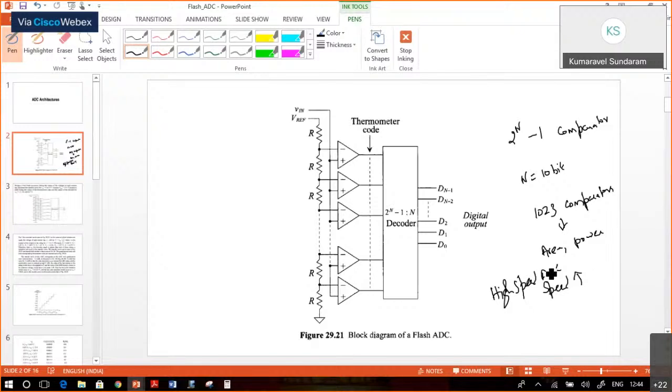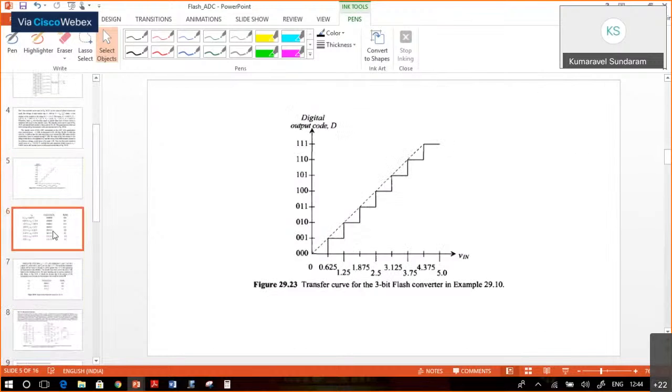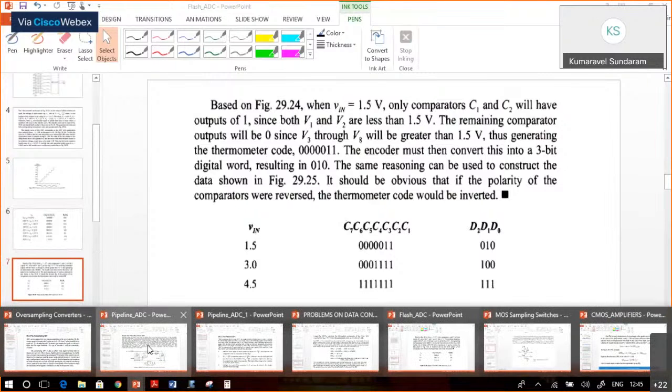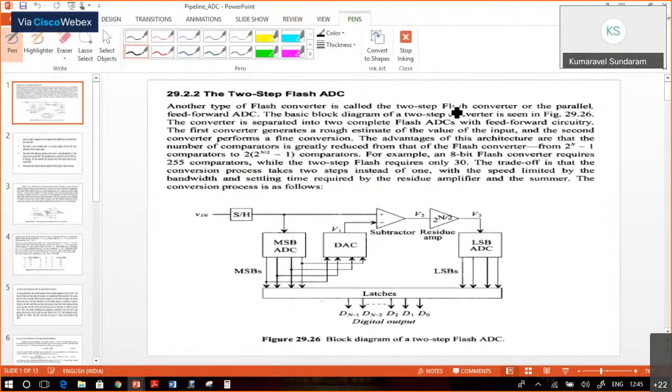Now we should have a trade-off between area, power, and speed. How can it be done? Probably you will know the flash ADC. I will go with one more type of ADC, the two-step flash ADC, so that we reduce the number of comparators.